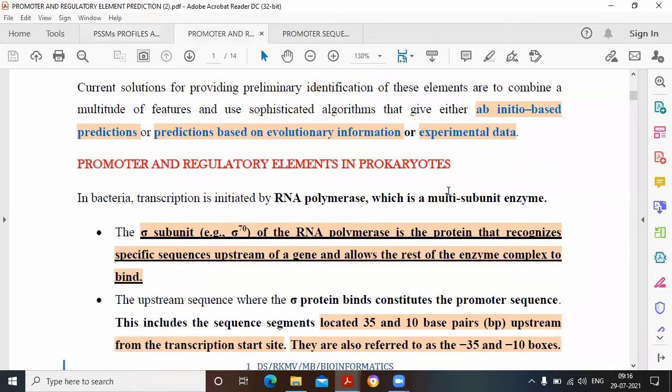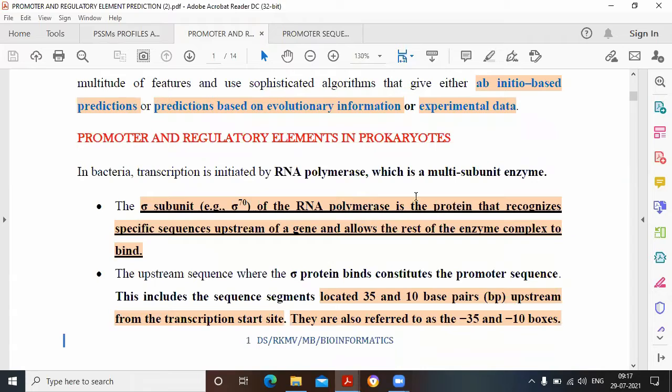Okay, fine. So first you need to understand the molecular basis of transcriptional activity in the prokaryotic system as well as in the eukaryotic system. In the prokaryotic system there is a single RNA polymerase enzyme, which carries out all transcription, all genes being transcribed with the help of this single polymerase enzyme.